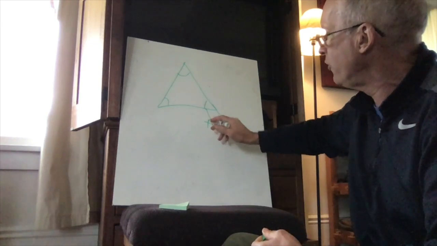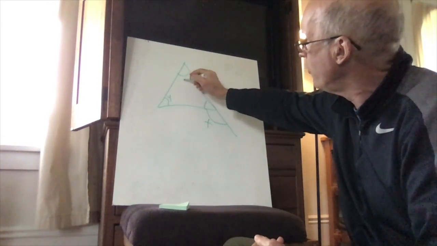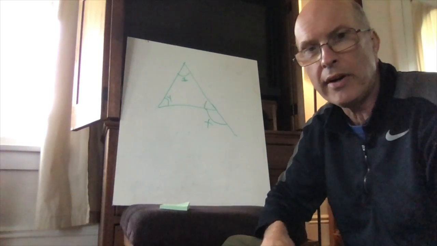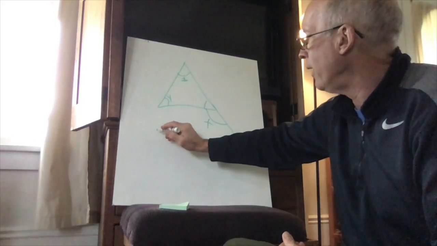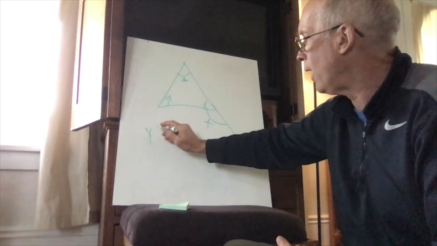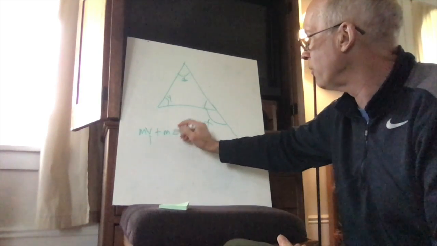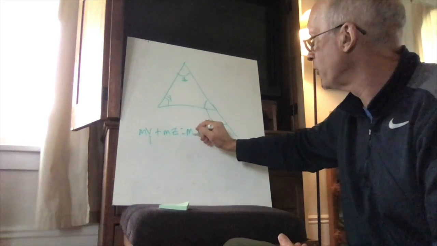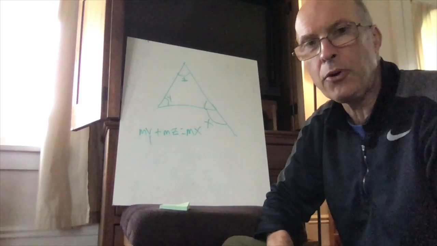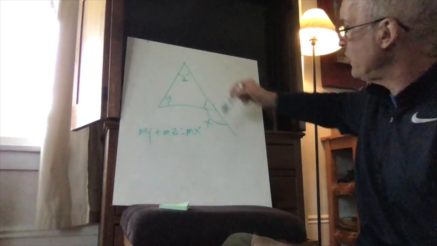Here, this is X. I'll call this Y and Z. These are called remote interior angles, and the measure of Y plus the measure of Z equals the measure of X. And you can do a little proof with that, but I think I can just talk you through it really quickly. Do you see that?